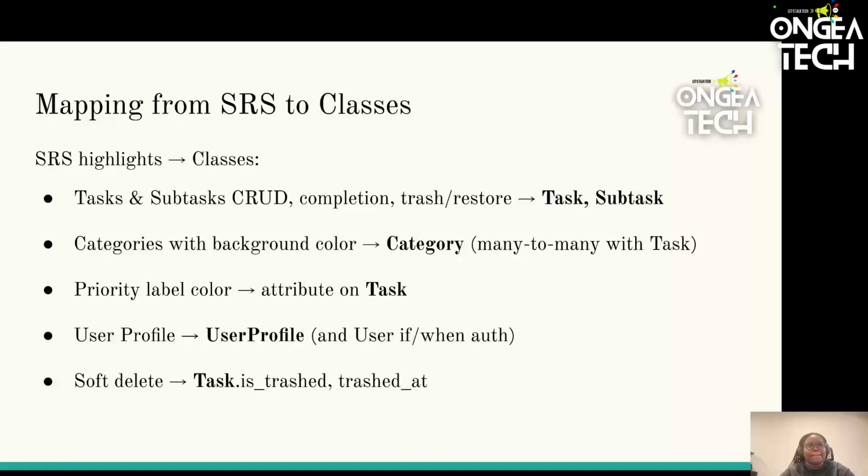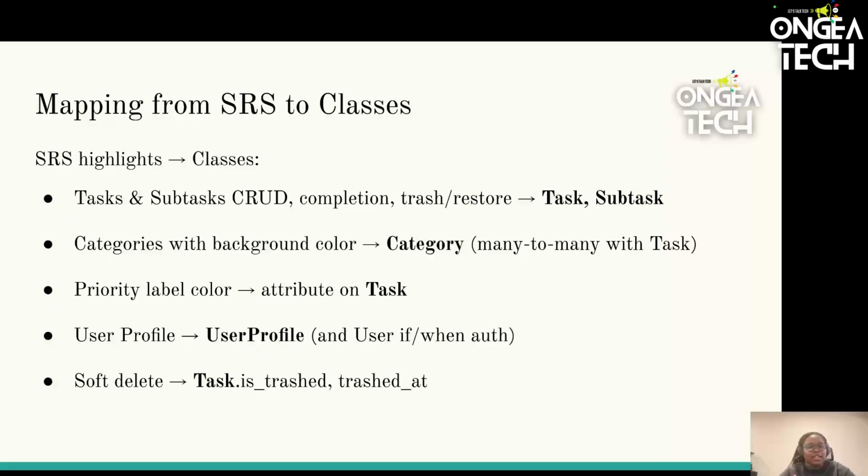So I think a category can be linked to many tasks, and then a task can be assigned to any category. Almost there. I think a category can be assigned to very many tasks, and then a task can be assigned to any category.